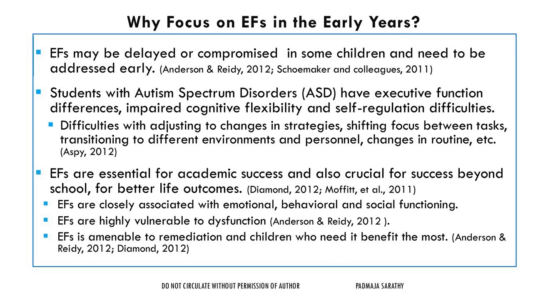And it is also critical for success beyond school and for life itself. One of the beautiful things about intervention in the earlier years is that those children who have deficits in EFs benefit the most from the intervention.